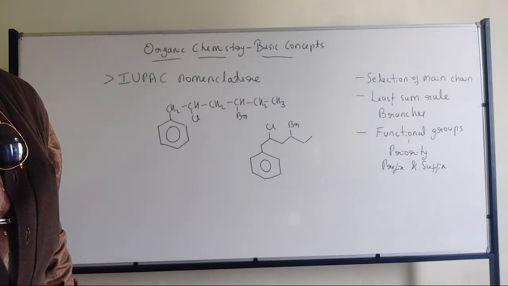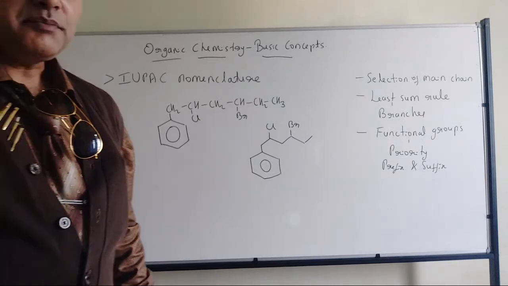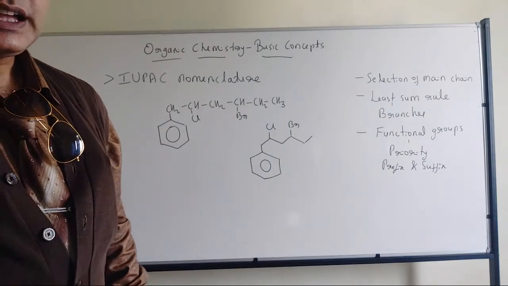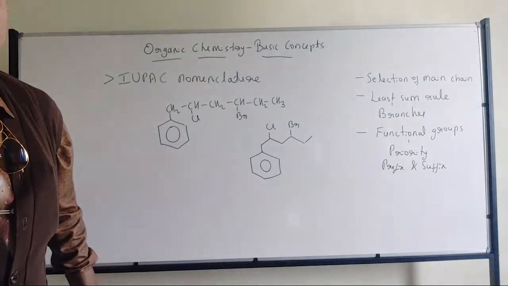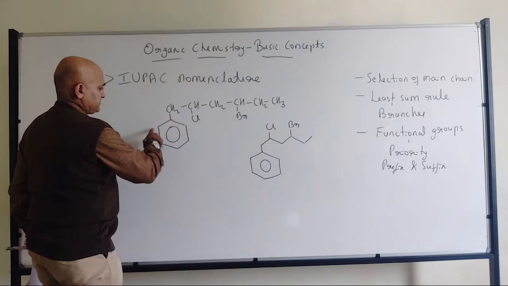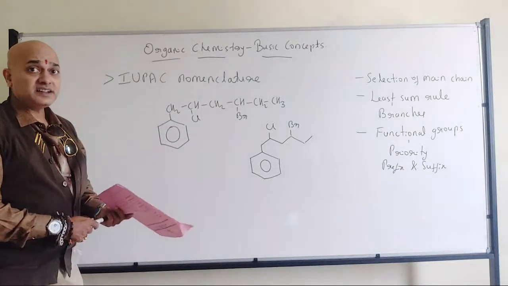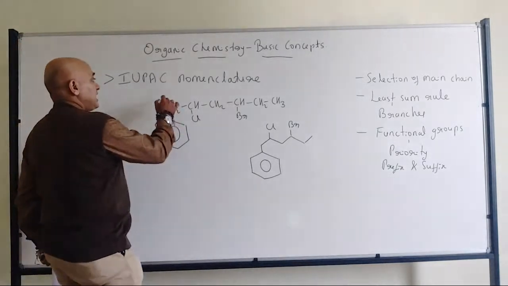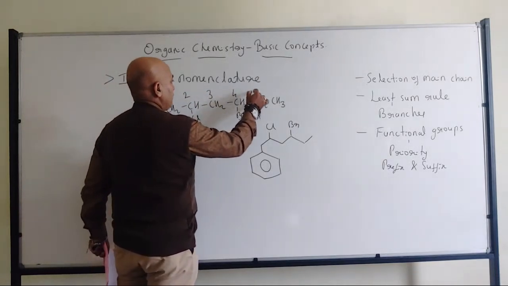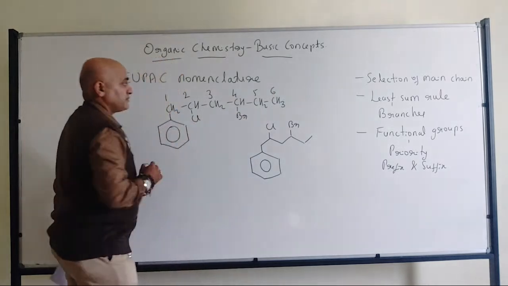Okay. Benzyl, hexane. Okay, Ashish and Gauri. I will go with hexane. I will use this one as a substituent because in the linear structure I have 6 carbons: 1, 2, 3, 4, 5, 6.